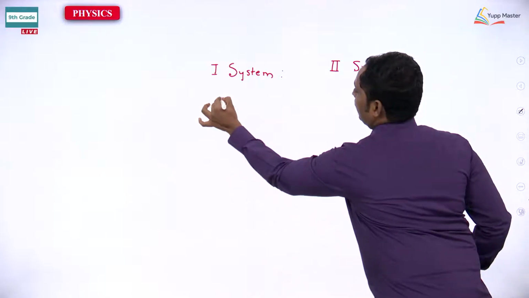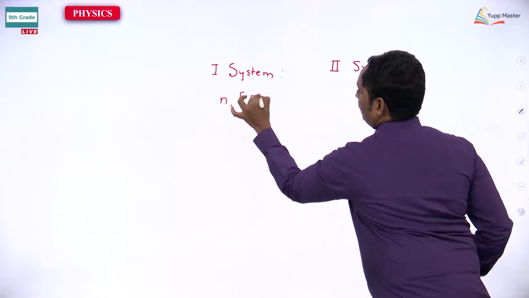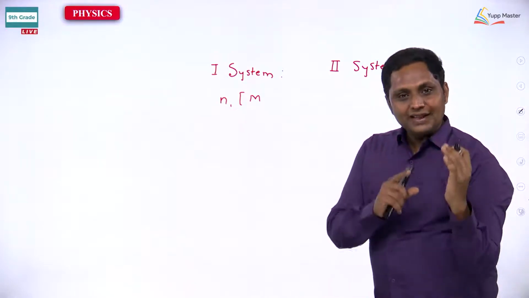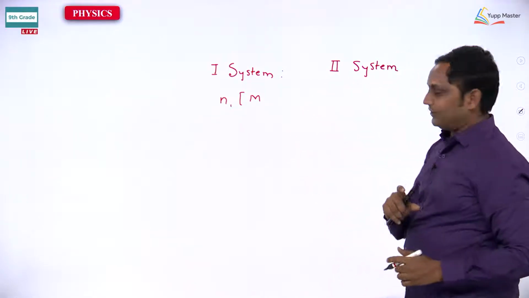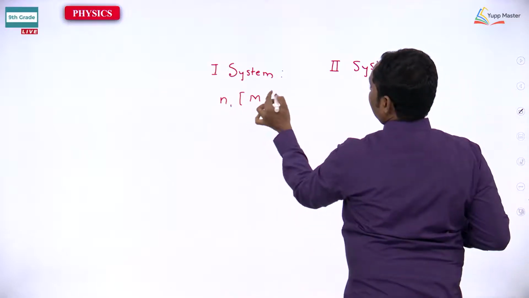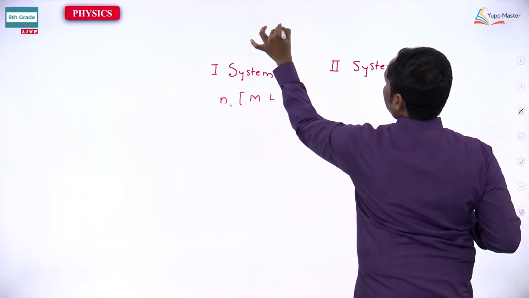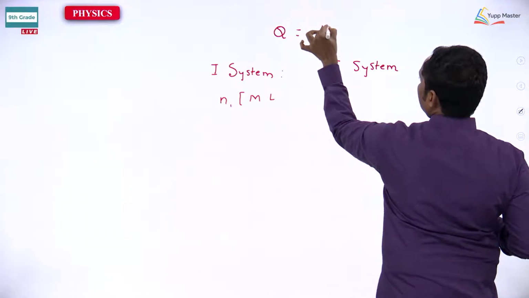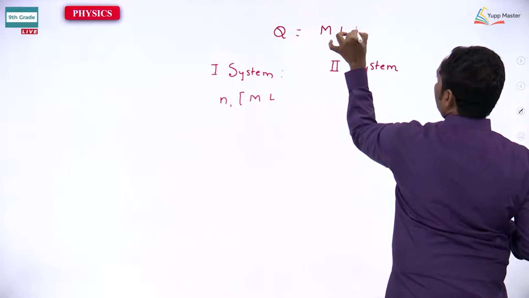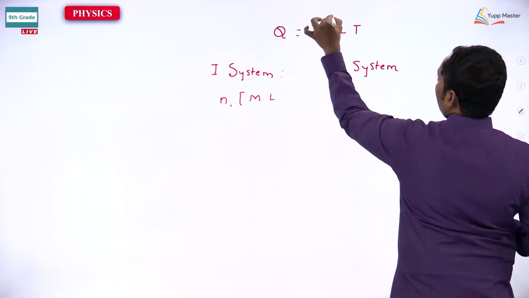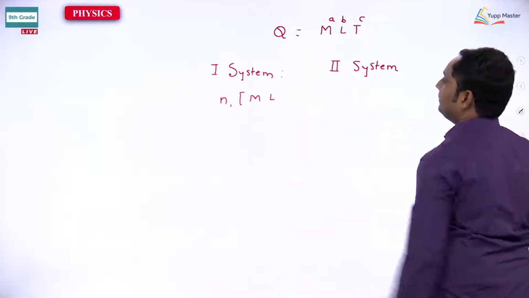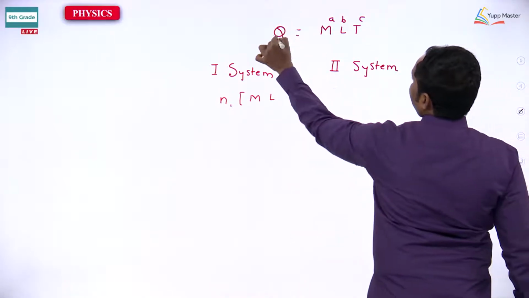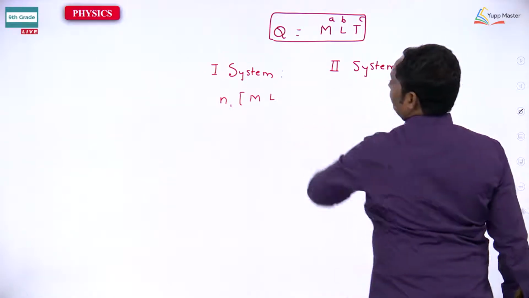Now, you are going to express that value in terms of the fundamental quantities: mass, length, time. Generally, any derived quantity can be expressed as M^a L^b T^c, all right. It is going to be expressed in terms of this.